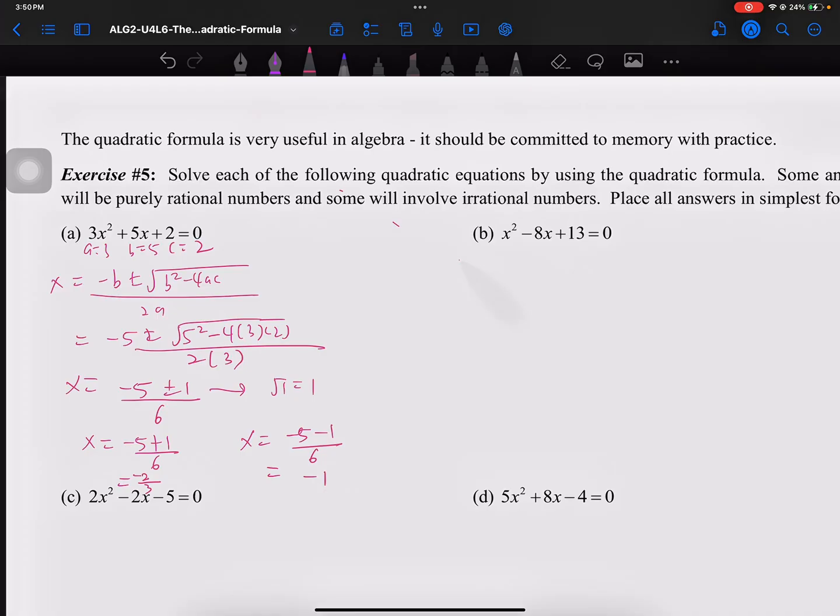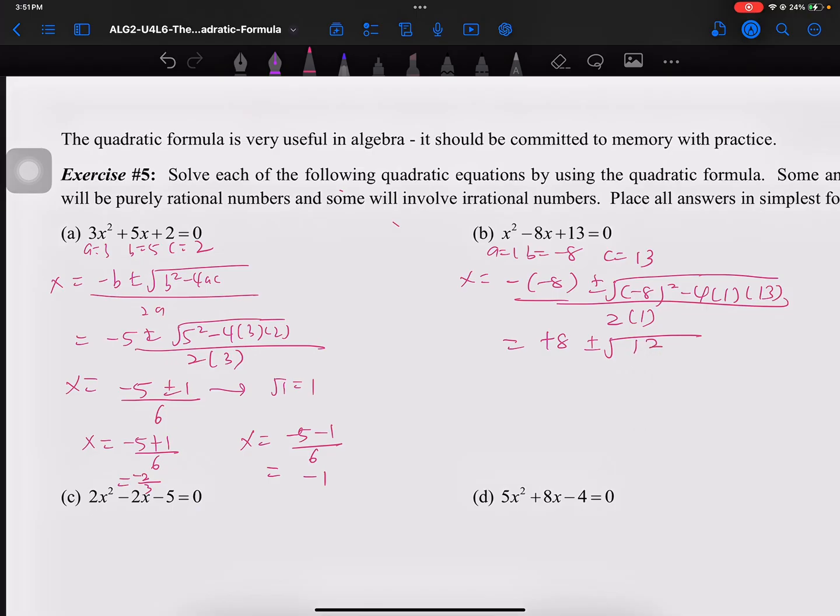For B, A is 1, B is negative 8, C is 13. I put inside negative of negative 8 plus or minus the square root of negative 8 squared minus 4 times 1 times 13, over 2 times 1. So after I solve it, it becomes 8 plus or minus the square root of 12 over 2.